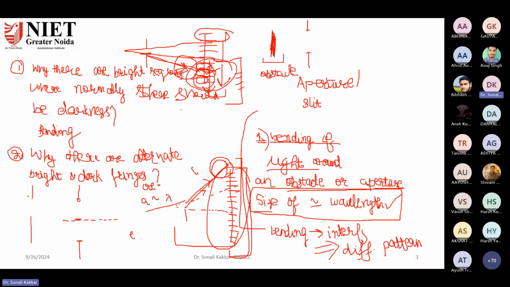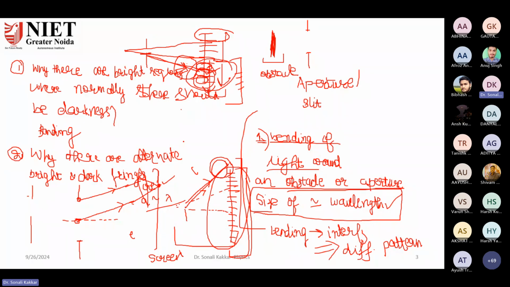Suppose a ray from this point goes like this. Another ray from this point goes like this. They will be made to superimpose. When they superimpose over each other and reach the screen, their path difference will tell us if there are bright or dark fringes.